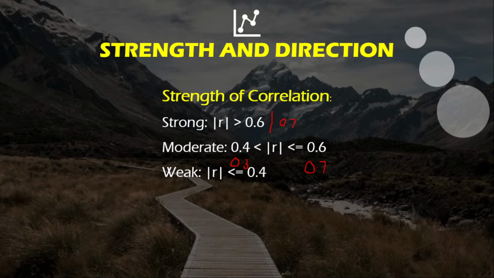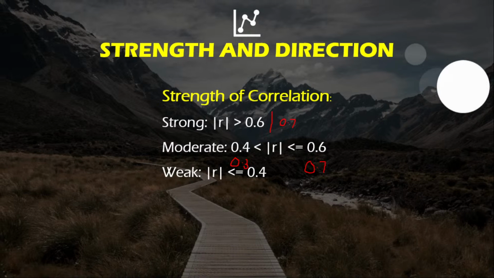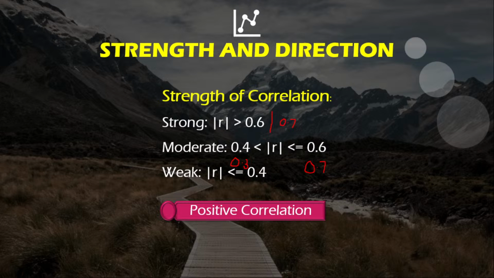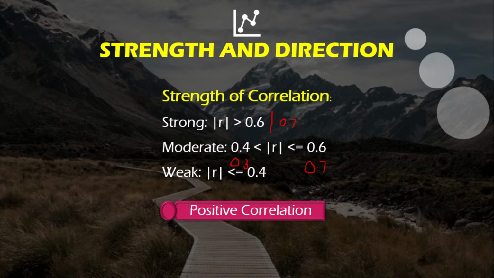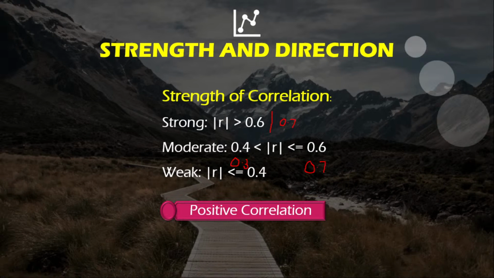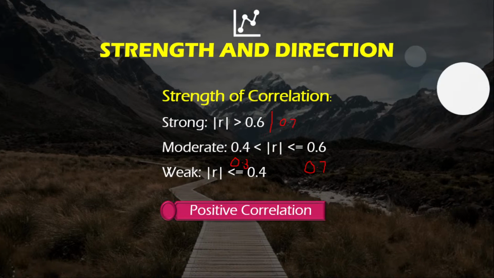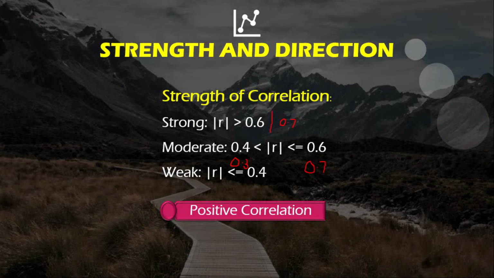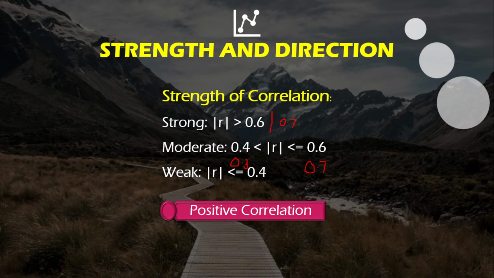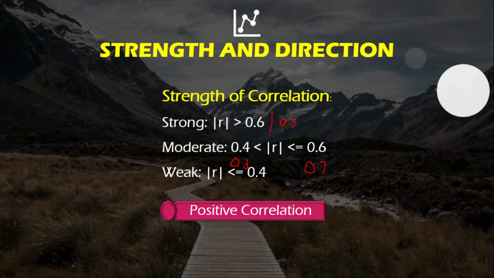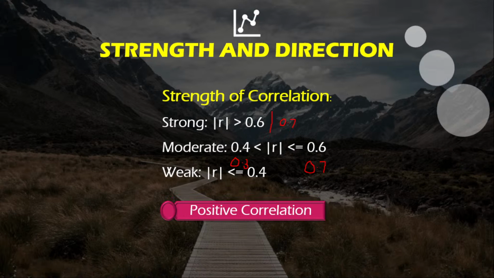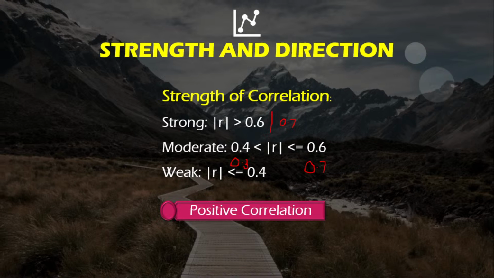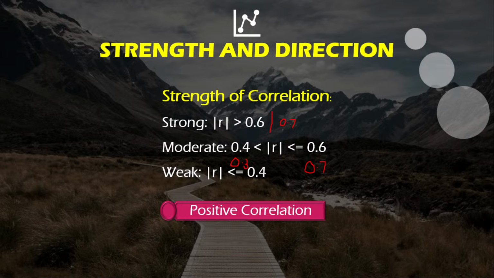All right. Having stated that, the next we look at is direction. The positive correlation. Listen attentively, get this please. The positive correlation here means that an increase in one variable will lead to an increase in another variable.